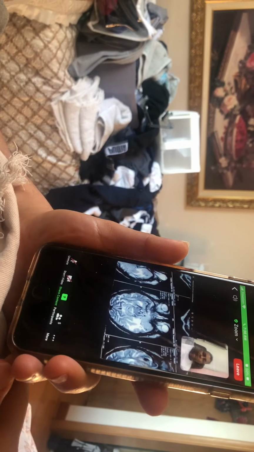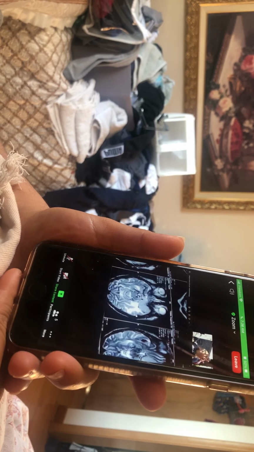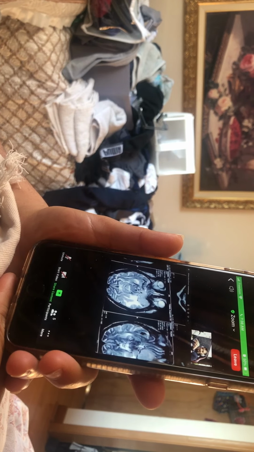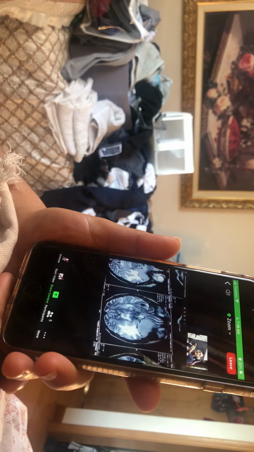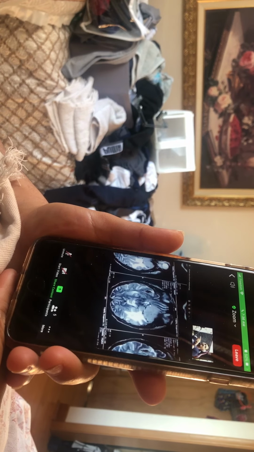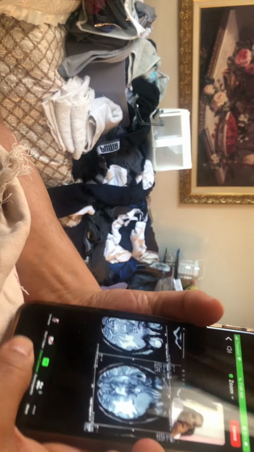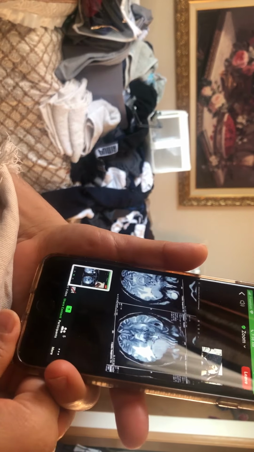So this is the tumor. Now this is called a T2 weighted MRI. We are not able to see the tumor very clearly, but we know that there is a tumor here. I'll go one level up, about 1 centimeter up, and you can see the real extent of the tumor. Can you see the tumor is pretty big? This is one cut below, at the level of the eyeball.